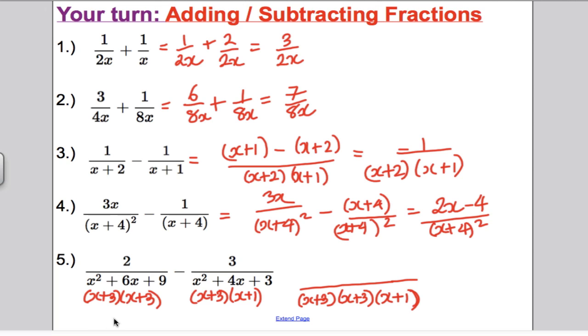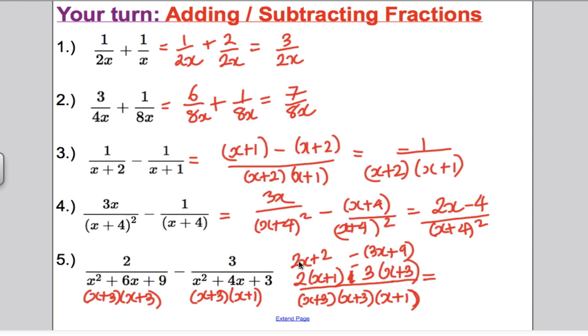This here already had the two x plus 3's, but it needed the extra x plus 1, so I must have had a 2 multiplied by x plus 1 to be up there, and this one needed another x plus 3, so it would be subtract 3x plus 3, and if you work that out on top, 2x plus 2, this I'm just going to jump steps here because I'm running out of space. This would be 2x plus 2, this would be subtract 3x plus 9.